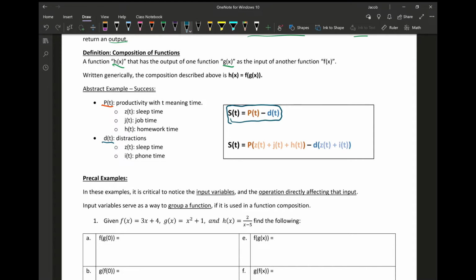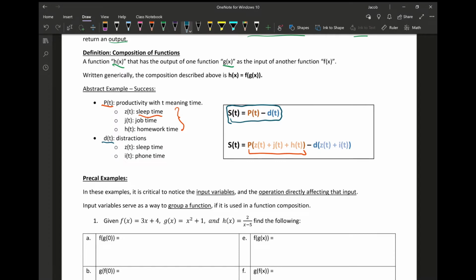And if we were going to look at all the things that make up productivity, good sleep time is obviously helpful to productivity. There's job time that we need to consider, homework time, and all those things, when you put them together, they're the inputs for the time you're taking to be productive. And the same goes for distractions.